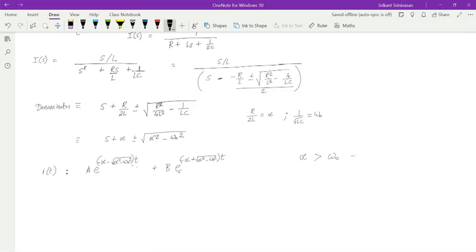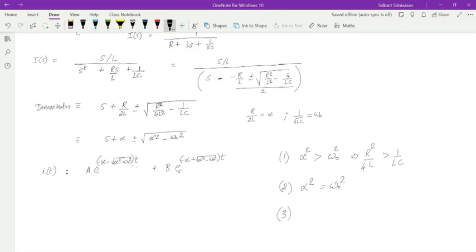That means we are saying that R over 2L is greater than 1 by root LC. Or I should say, let's go as alpha square and omega naught square. Then we can do the comparison. So R square over 4L square is greater than 1 over LC. Then this is case 1. Case 2 is alpha square is equal to omega naught square.